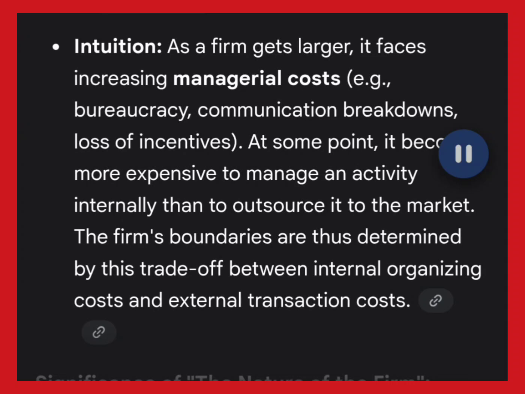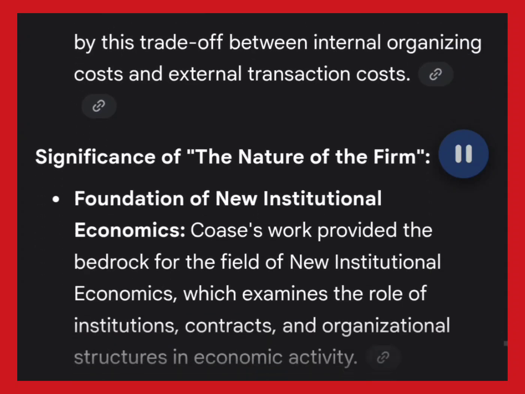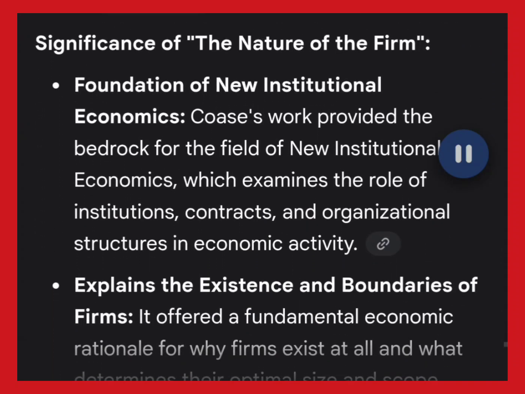Significance of The Nature of the Firm. Foundation of new institutional economics: Coase's work provided the bedrock for the field of new institutional economics, which examines the role of institutions, contracts, and organizational structures in economic activity.